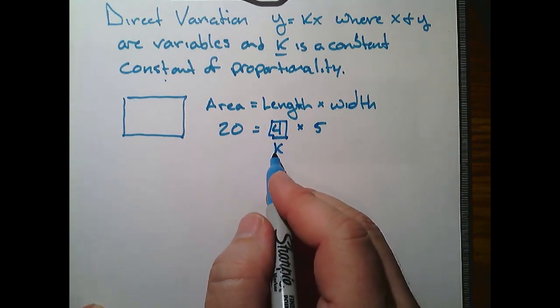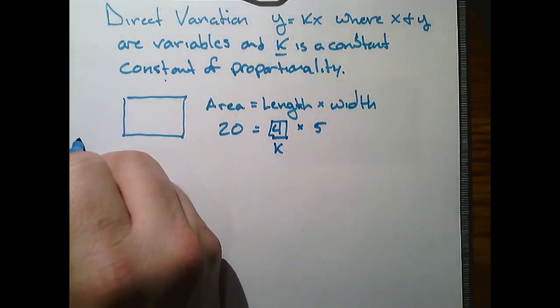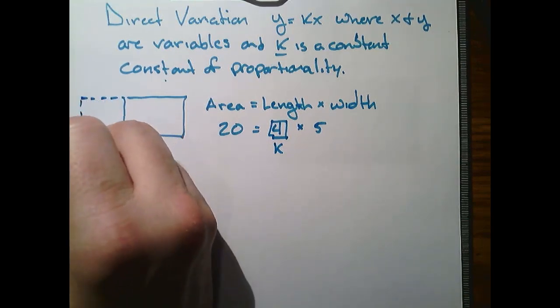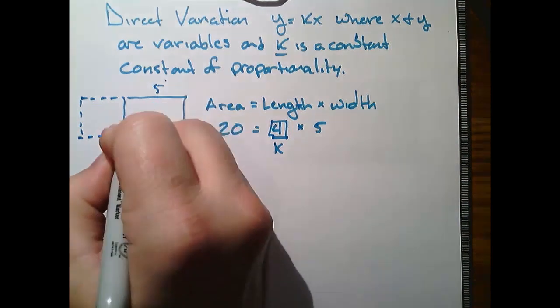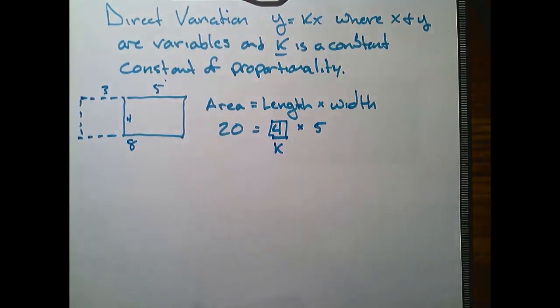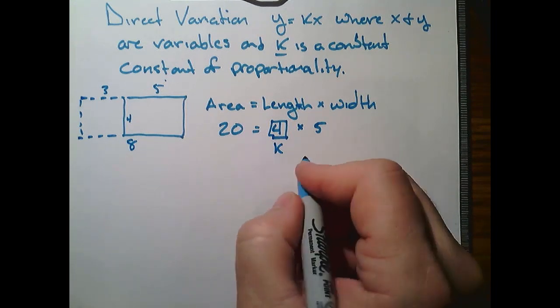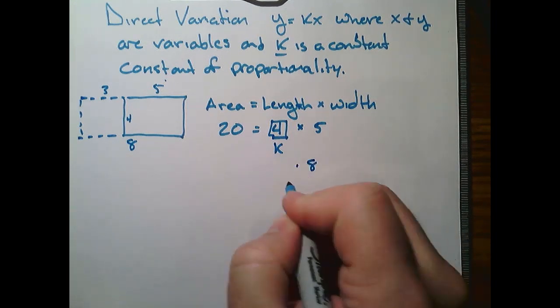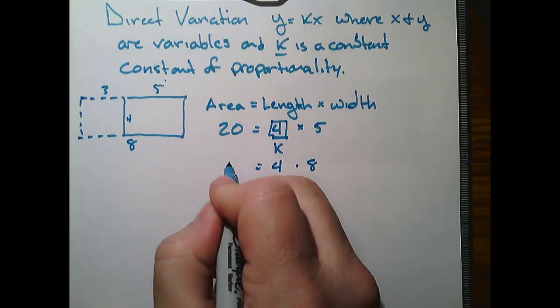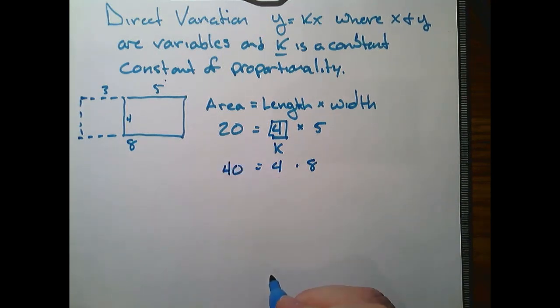So for example, if I took our width and extended it out, so we said this was 5, this was 4, and we extend this out another 3 to make our entire rectangle length 8, then this becomes 8 times 4, and that's going to equal 40.